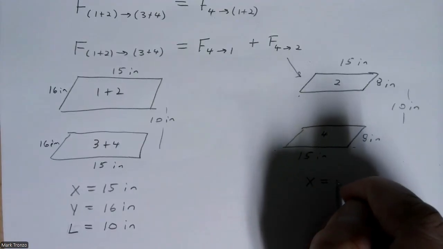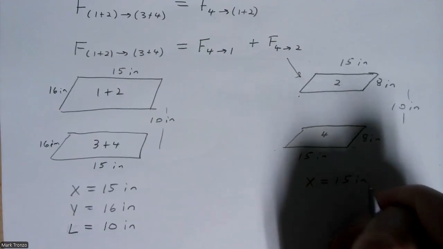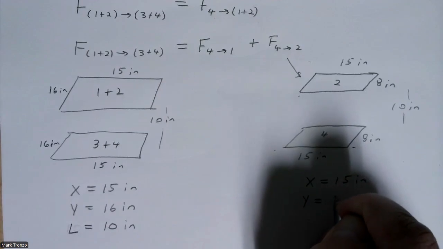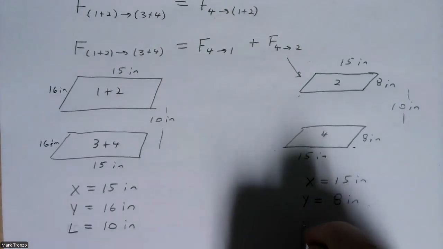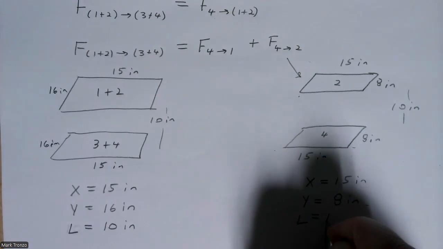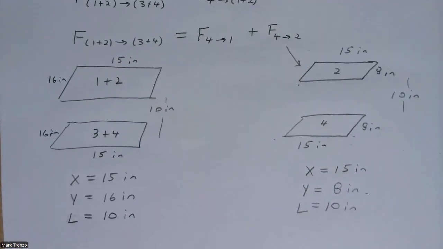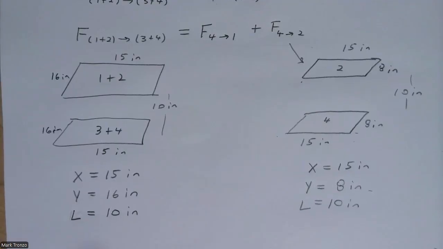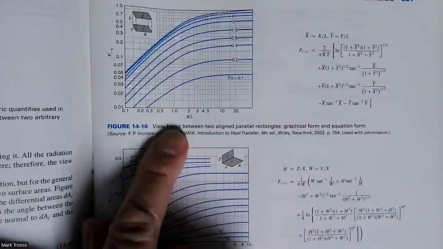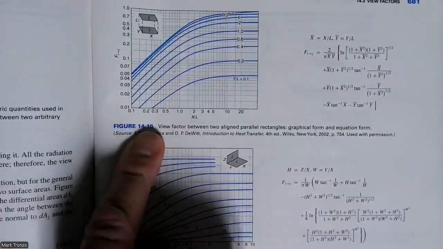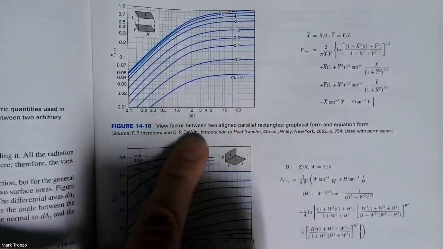We're going to have X equal, in this case, it's also 15. And Y this time is 8 inches. And the distance between the plates is still 10 inches. And also, according to our chart here, we need X over L, and we also need Y over L.